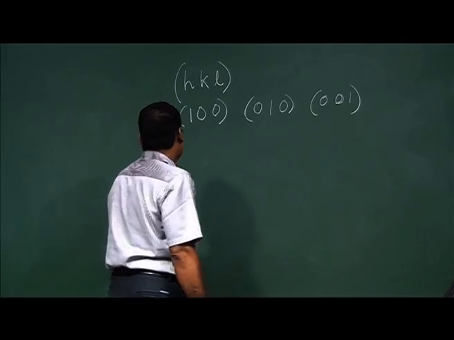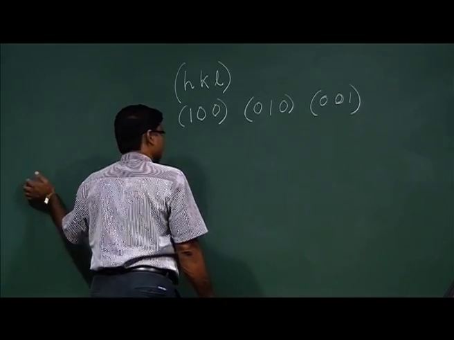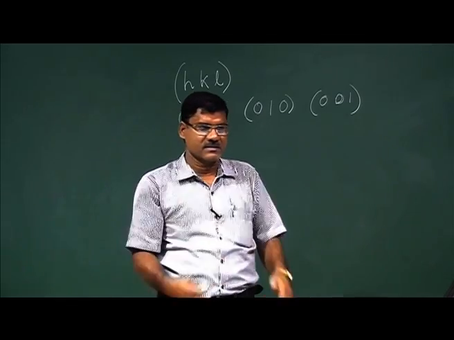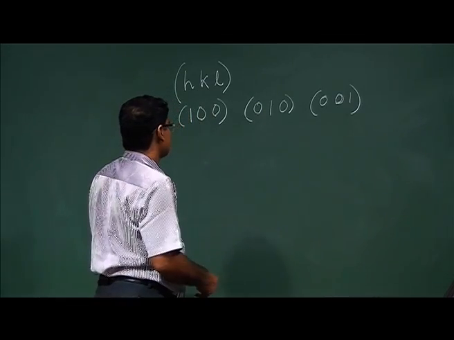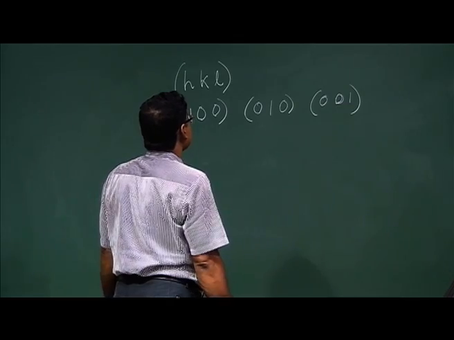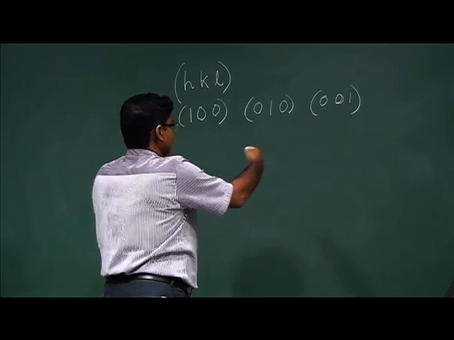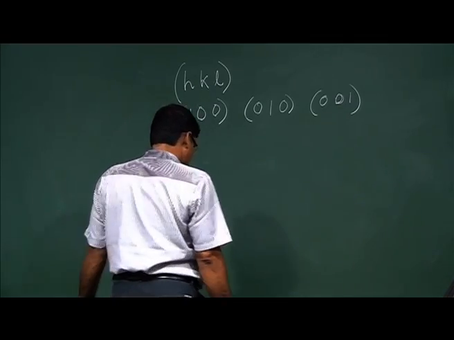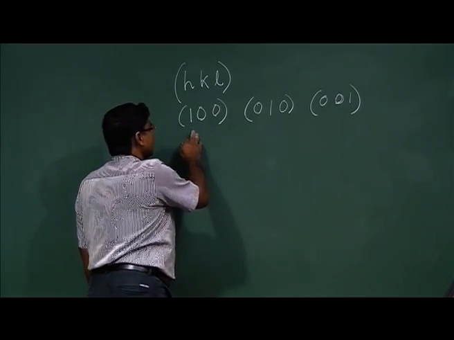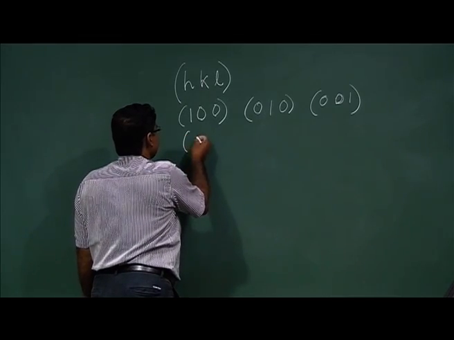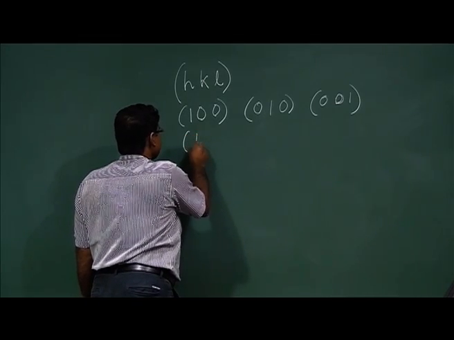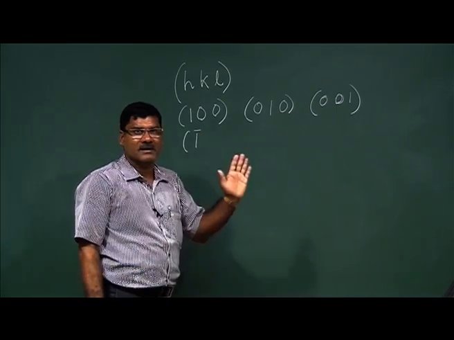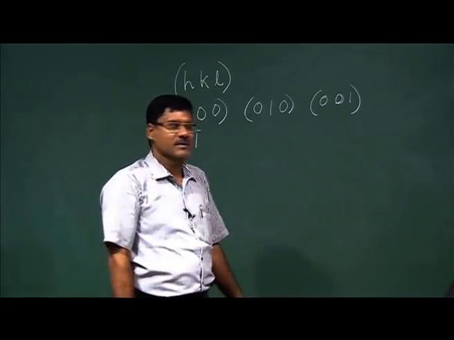So, minus 1a, minus 2a, minus 3a. To differentiate whether it intersects at the plus side or minus side, we write this not as minus 1, but 1 bar. So, 1 bar represents that it intersects at the negative side.